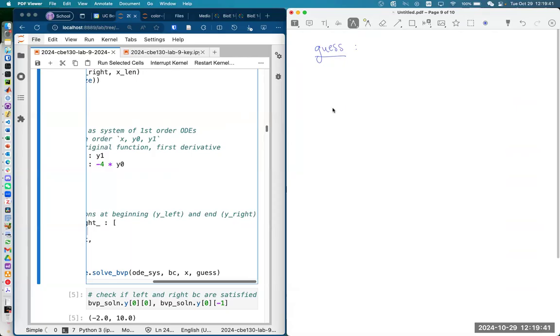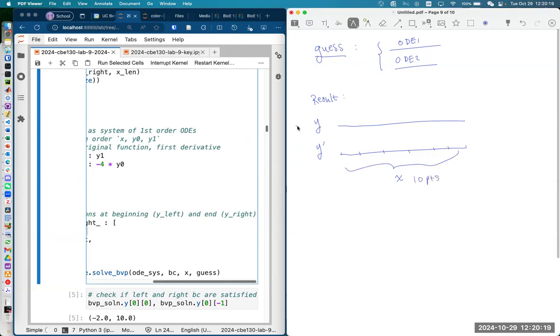And the guess has a particular form. So because we have a system of two ODEs, so ODE 1 and ODE 2, the final result will also have two components. One is the original function, and one is the first derivative, each defined on the interval x. And the interval x will have defined many points in between them. Let's say we define 10 points. And then we have two columns.